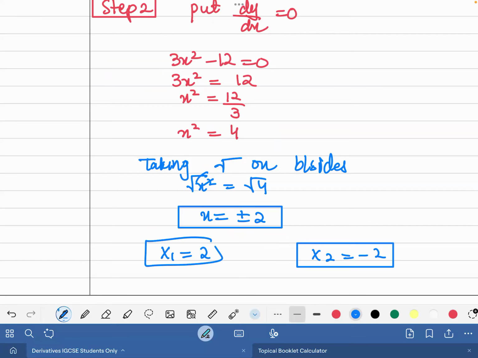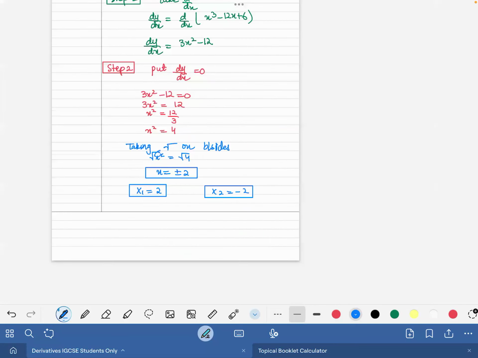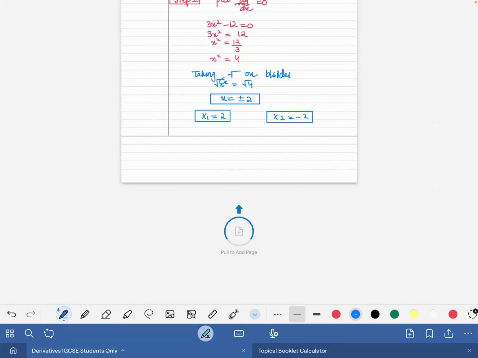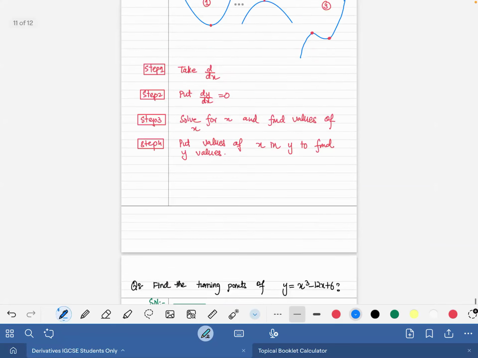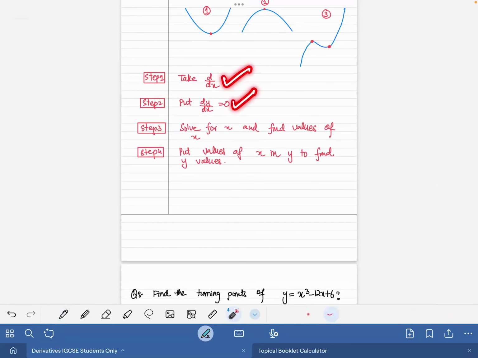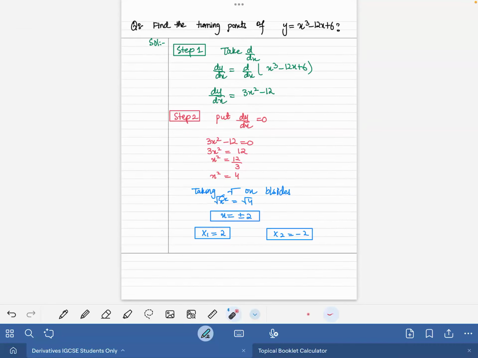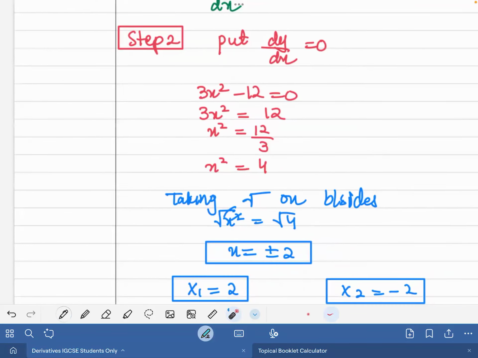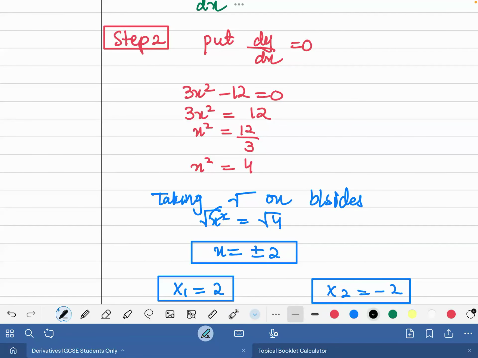Now once you have the two answers for x, step 4 is finding the values of y. We took the derivative, we put the derivative equal to 0, and we solved for the values of x.